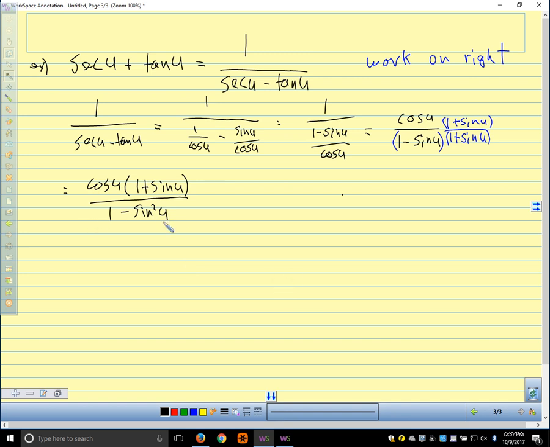Well, I see a 1 and a sine squared together. That's a good thing. One minus sine squared u is cosine squared u. Well, now I have a common factor of cosine in the numerator and denominator. So I can cancel one of those out.